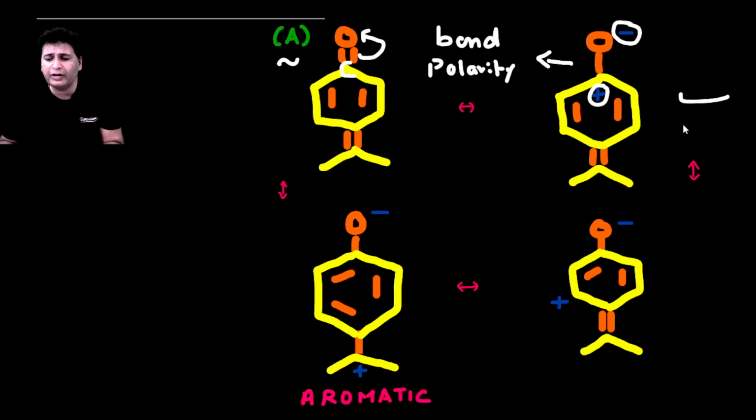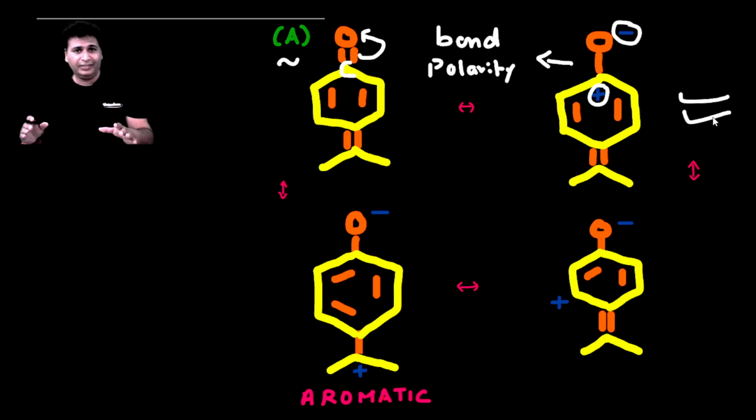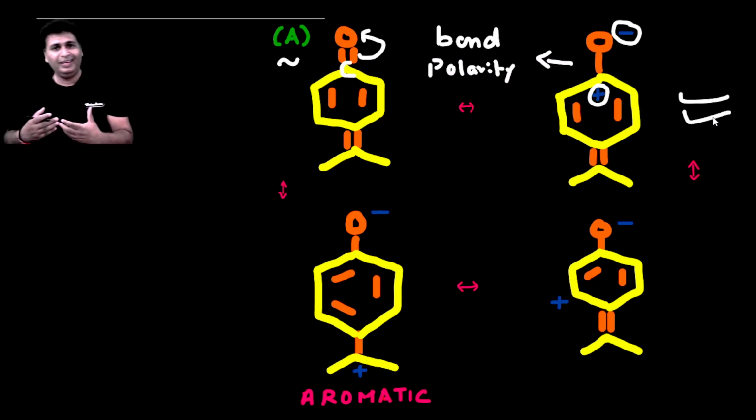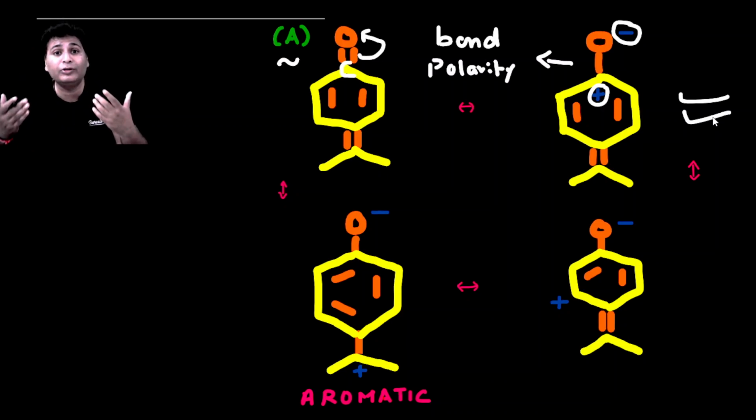So students, after we have made this structure, we have to assess whether this structure is stable or unstable. The more stable it is, the more likely it is to get formed, and the higher will be the bond polarity.